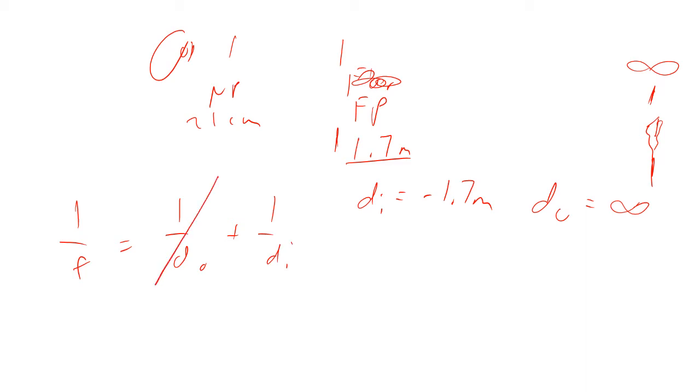That 1 over DO is now 0. So 1 over F equals 1 over DI, and so F would be minus 1.7 meters. Well, in optics, we often talk about the strength of a lens. The strength of a lens is defined to be 1 over F.